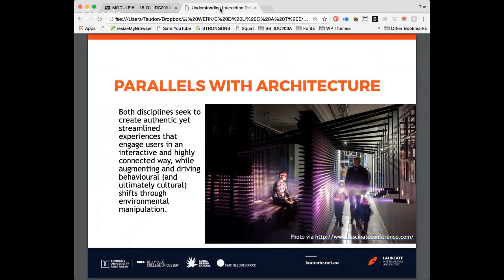So whether that be in a digital environment between the user and the digital interface relationship, or in a physical environment between the user and a built environment relationship, both disciplines are essentially seeking to drive behavioural change and augment behavioural habits by improving the way in which consumers and people interact in general.